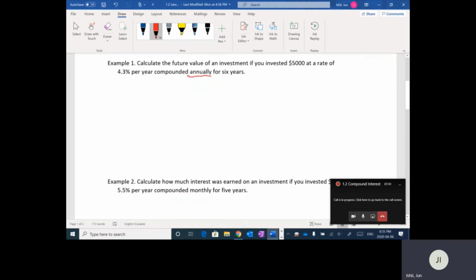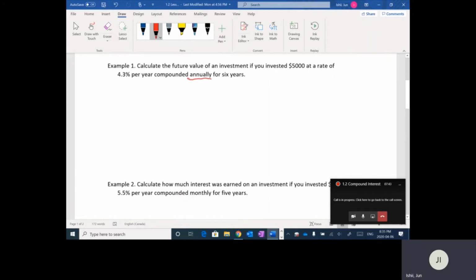All right, let's work this out. The formula again was A equals P(1 + r/n)^(nt). The question is asking to calculate the future value, which is the A there, so we're going to figure out what A is.